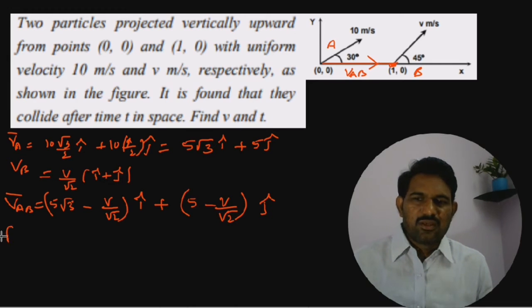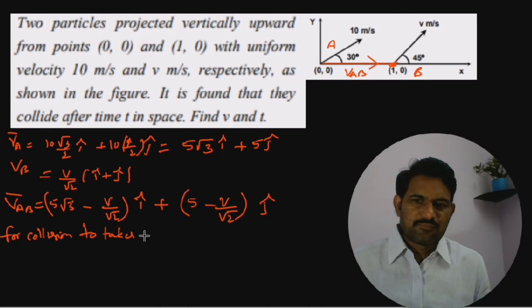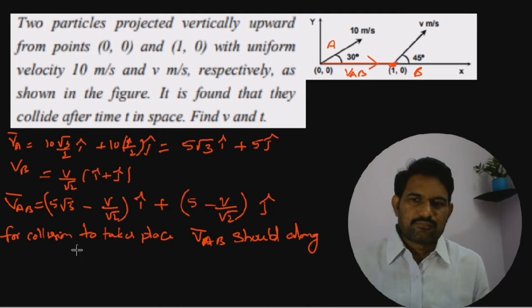So for collision to take place, VAB should be along x-axis, right?